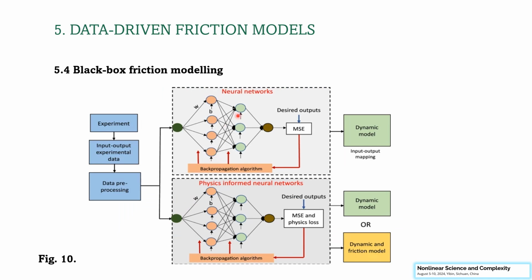Here we see a traditional case, and in the physics-informed neural network, having the desired output, we compute MSE and additionally physics laws. Then using a backpropagation algorithm, we update the network parameters. In the output, we can find the dynamic model or even dynamic and friction model.